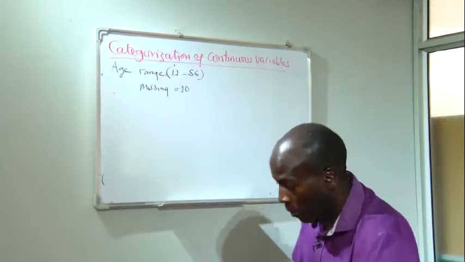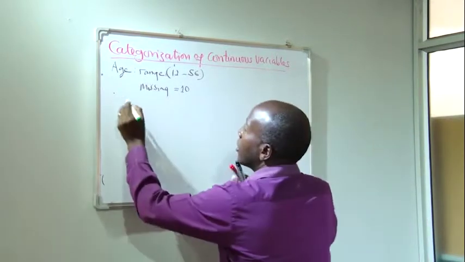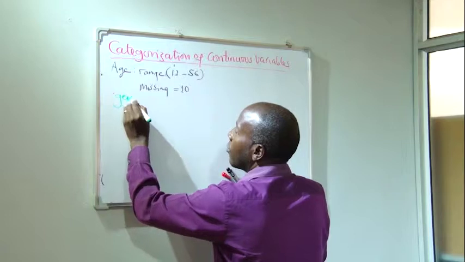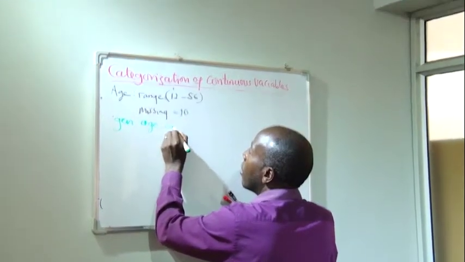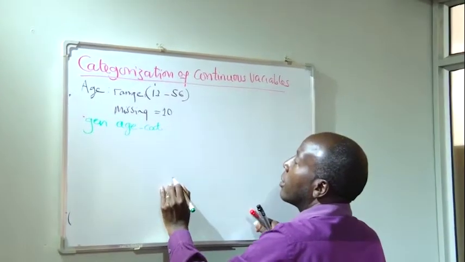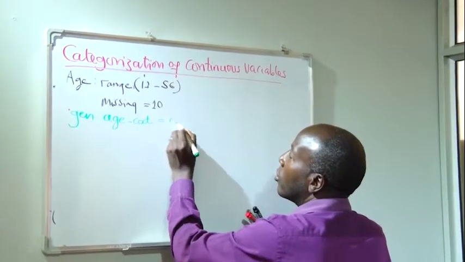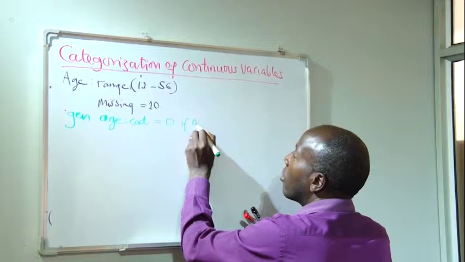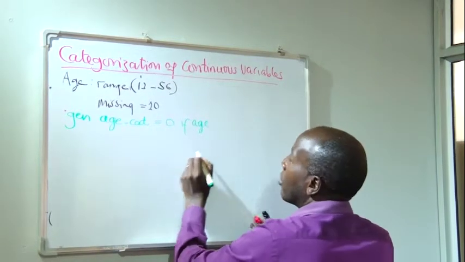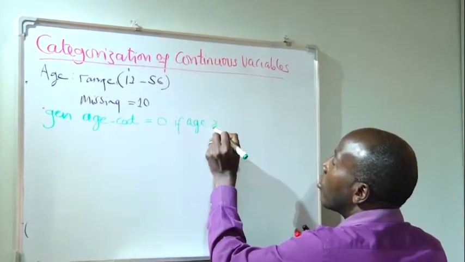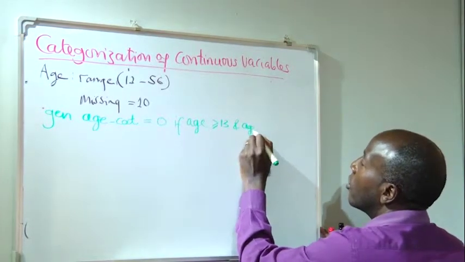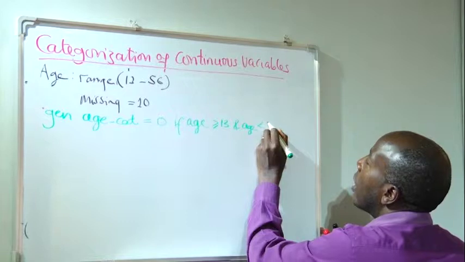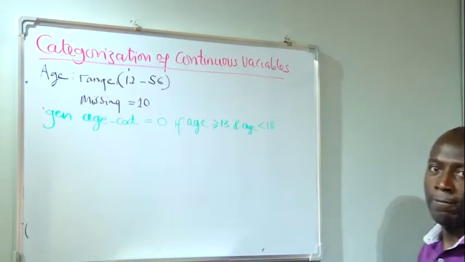We can come up and tell Stata, generate a new variable known as age underscore category, age cat, equal to 0 if our original age is greater or equal to 13 and age is less than 18.